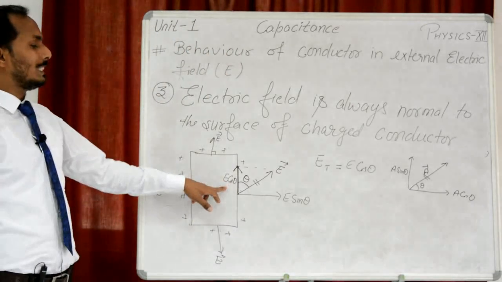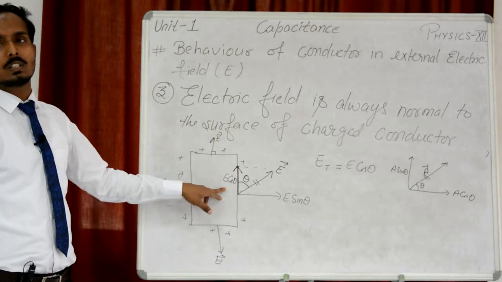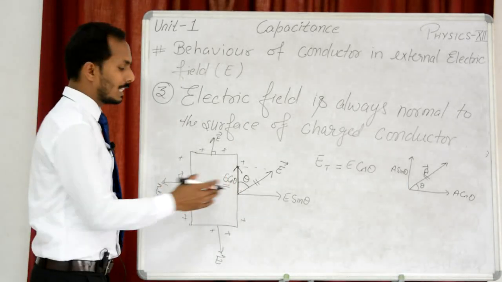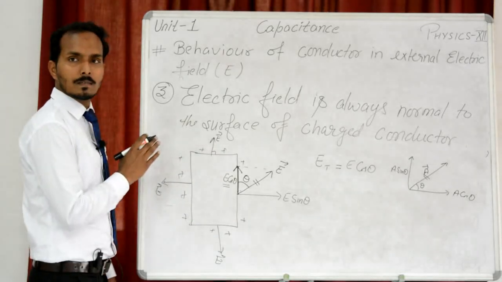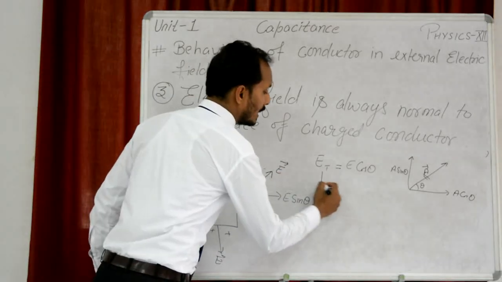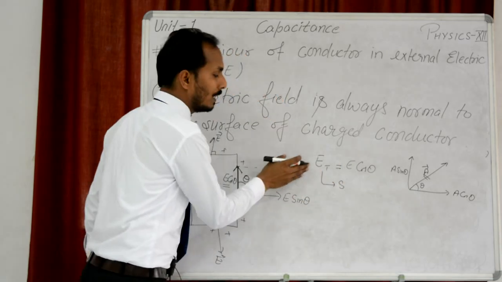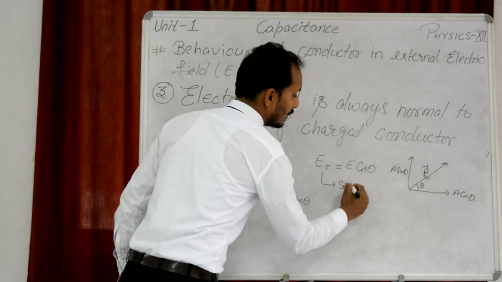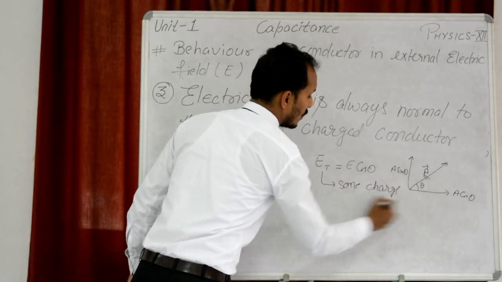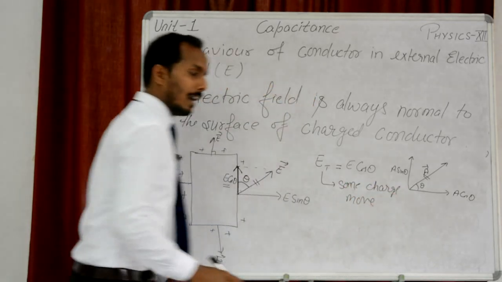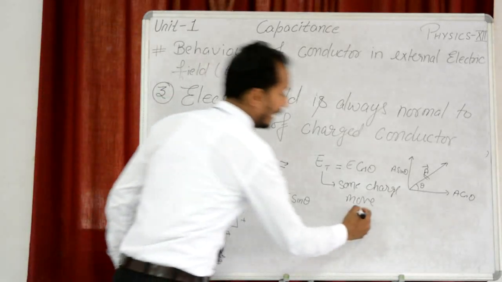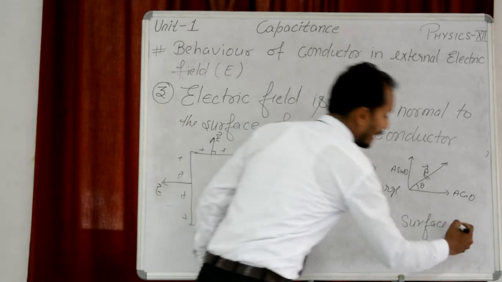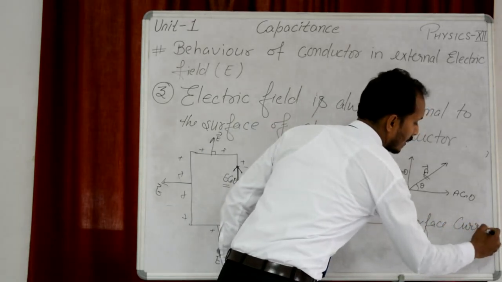Now what is its role? If there is some electric field along the surface, then some charge moves along the surface, and when charge moves, it creates a surface current.